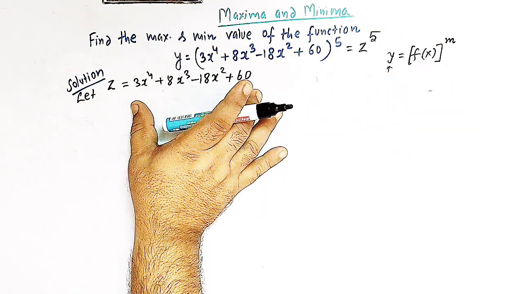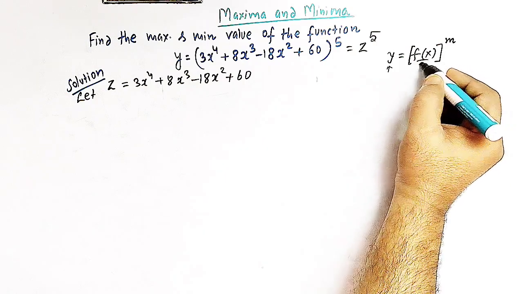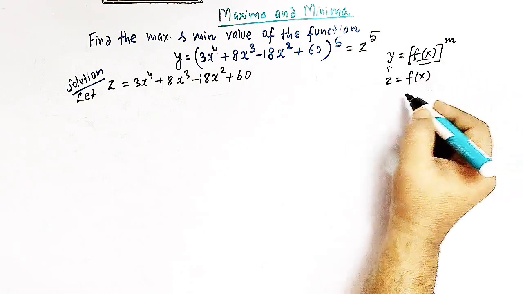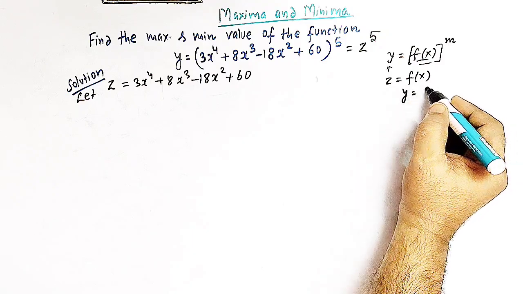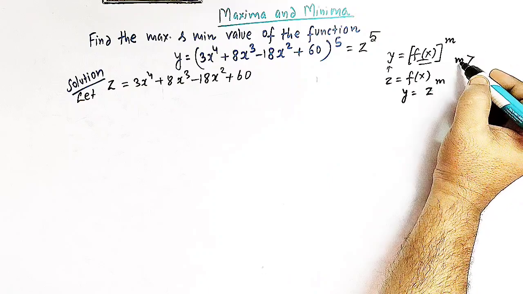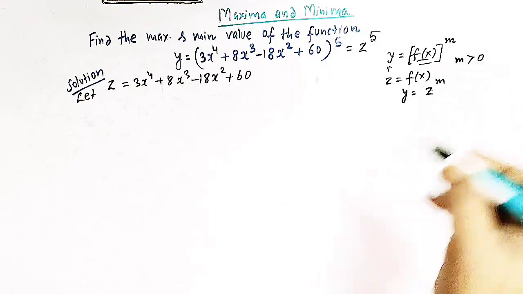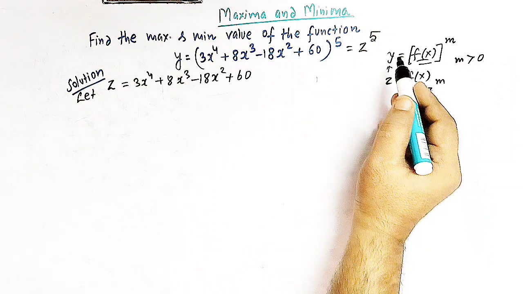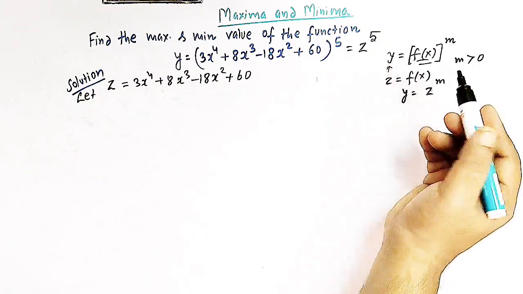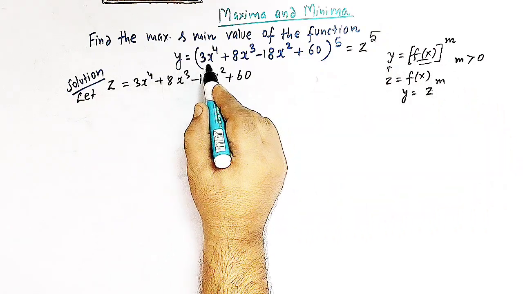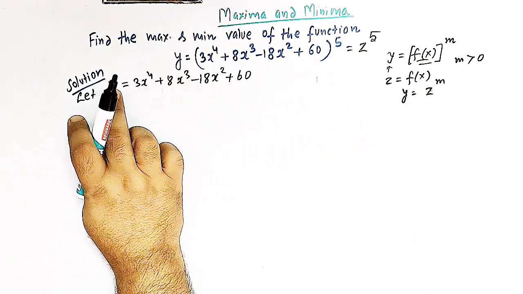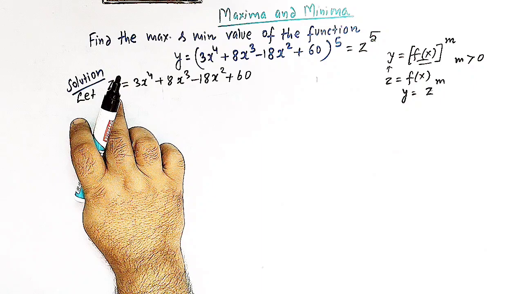Then what we do, we take z is equal to f of x, so that we have y is equal to z raised to m, where m is a constant and this m is greater than 0, right? So to get the maximum and minimum value of this function y, we take z is equal to this function, and then we'll find out the maximum and minimum value of this function z, right?